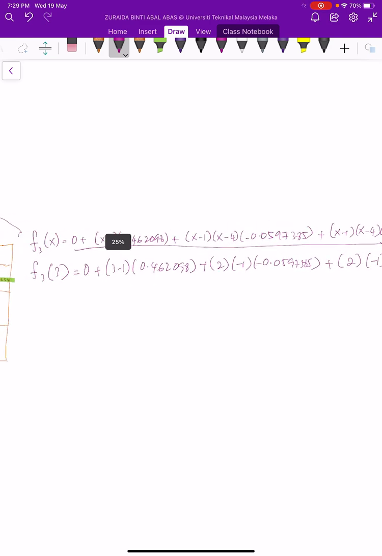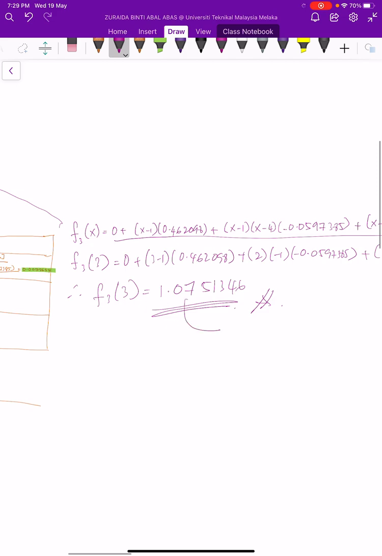When you solve all this, you'll get f3 at x equal to 3 is equal to 1.0751346. So this is the estimation for ln 3.